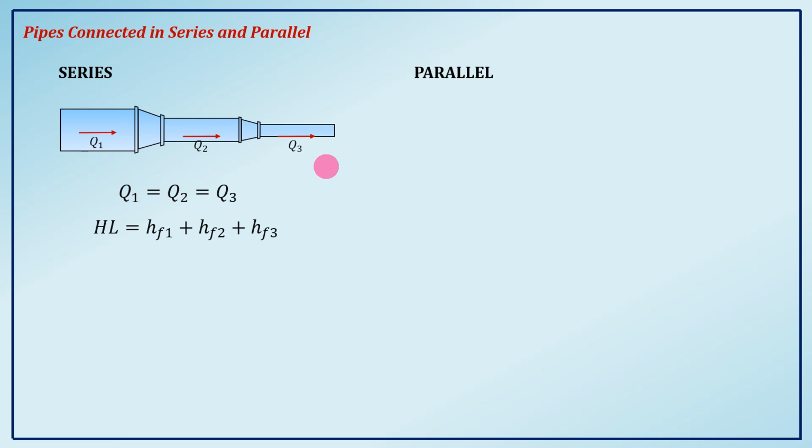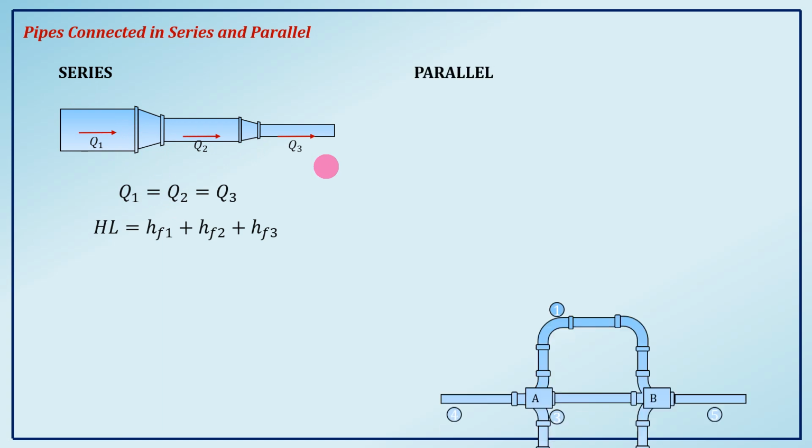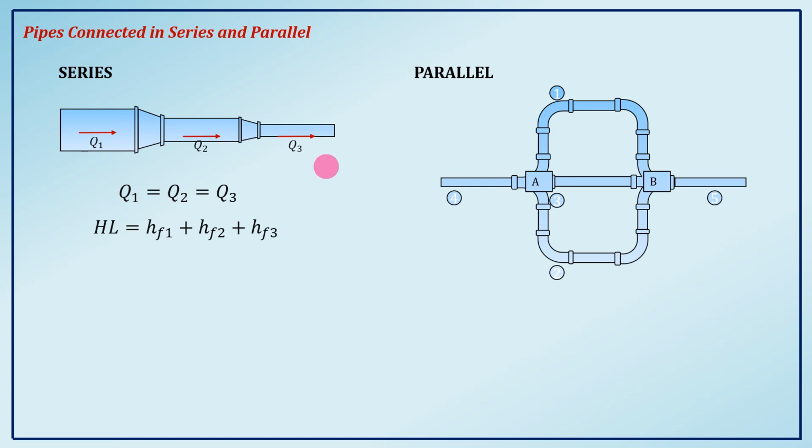Now, when we analyze parallel pipelines, ito naman siya. We have branching. We have point A and point B here. From this pipeline number 4, it branches out into 3. So, we have 1, 2, and 3 here.